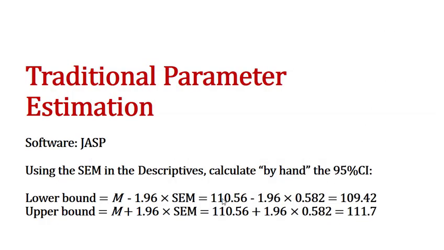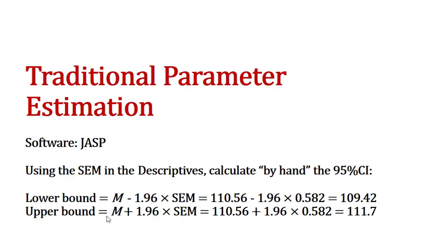So basically the 95% confidence interval is the mean minus 1.96 times the standard error of the mean. So 110.56 minus 1.96 times 0.582, and that's 109.42.